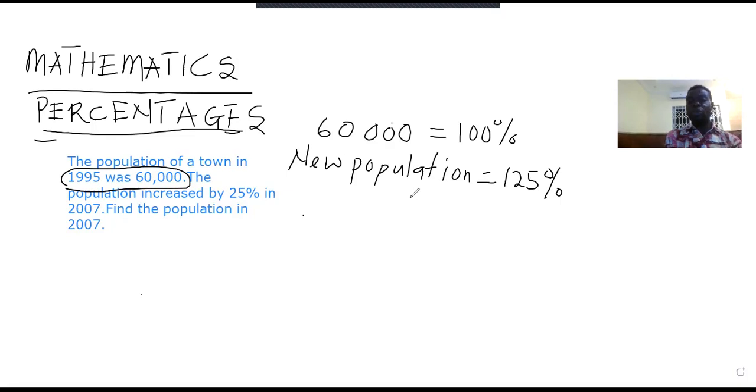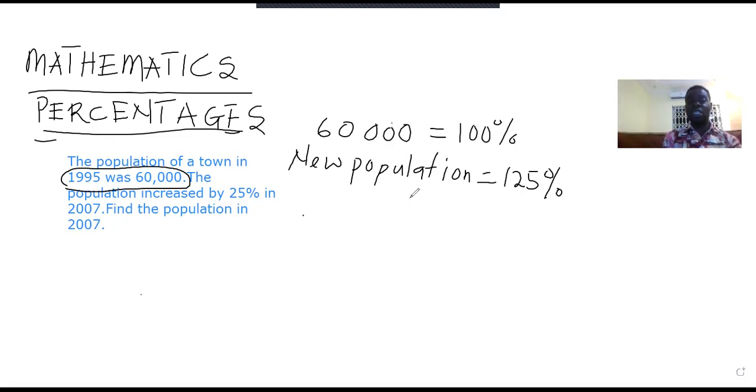Remember, I explained to you that under percentages, anything original should be equal to 100%. When we were doing common fractions, I explained that the total should be equivalent to 1, but under percentages, the total or the original should be equal to 100%.